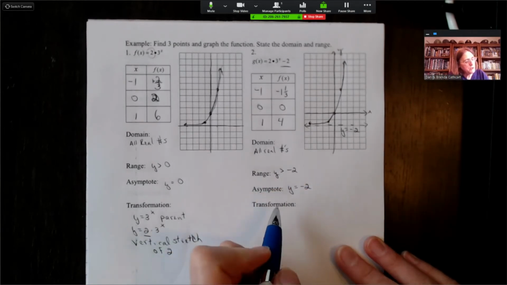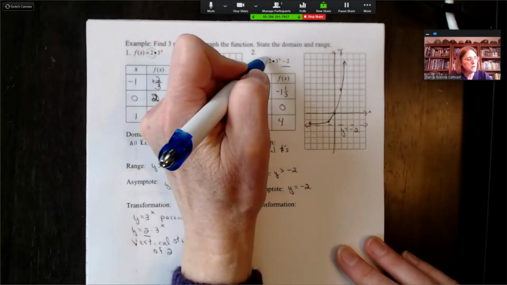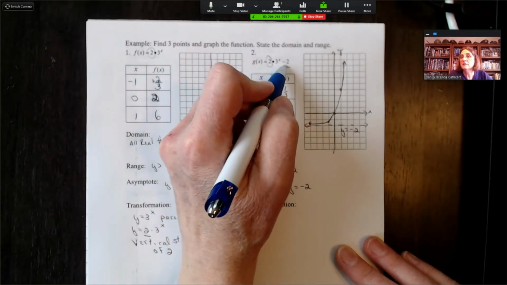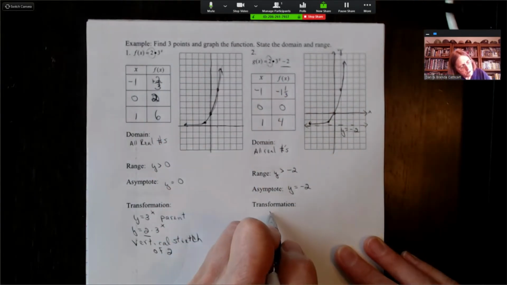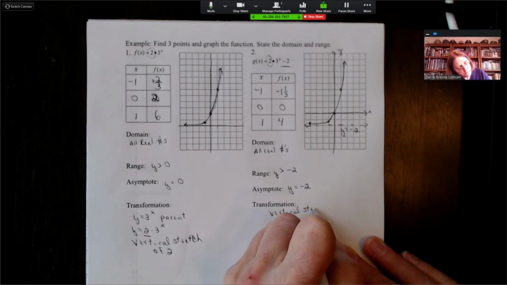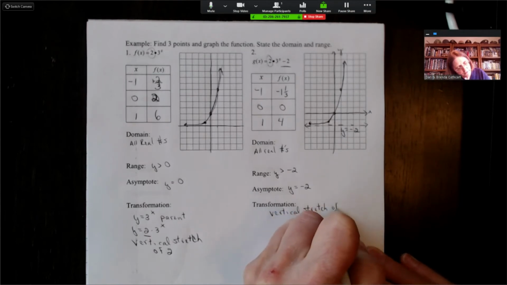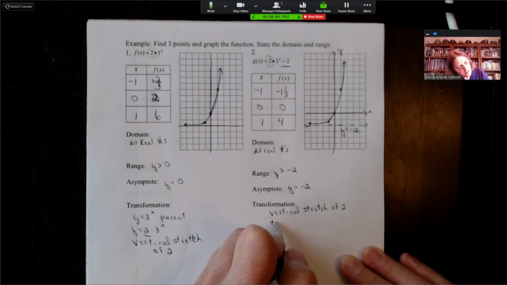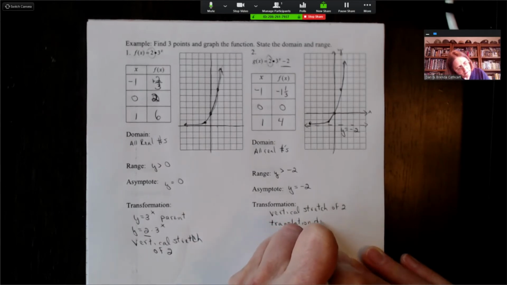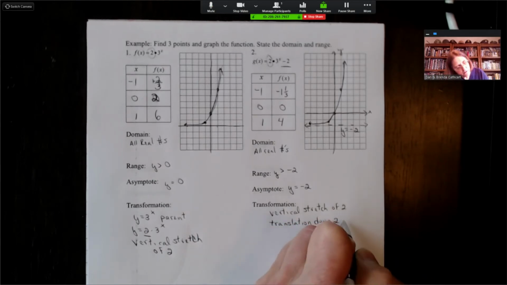And in our transformations, we had multiplying by 2 and then down 2. So we have a vertical stretch of 2 and then a translation down 2 units.